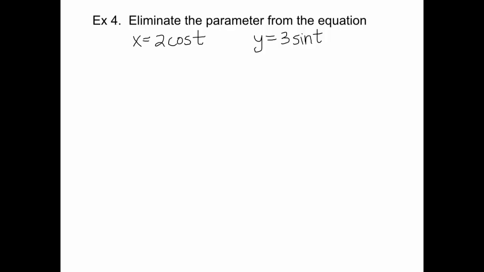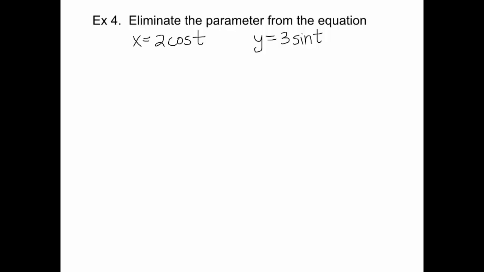Well, think about what you do know about an equation with sine and cosine in it. Don't we have a trig identity for sine squared of x plus cos squared of x equals 1? And isn't the unit circle made up of points, where the points are defined as cos theta, sine theta?